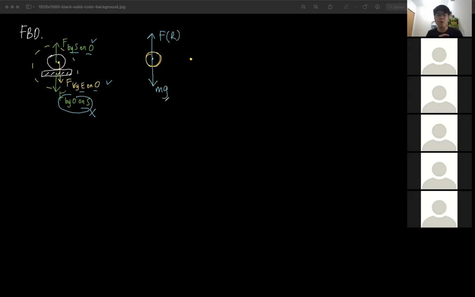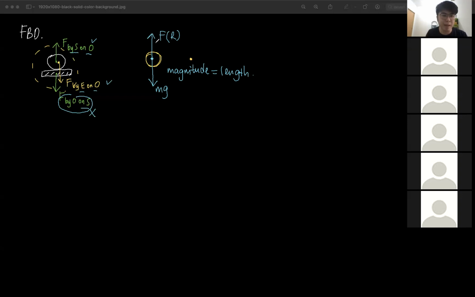Now, when you draw the free body diagram, a few things you need to be careful. The length of the force actually represents the magnitude. Magnitude equals the length. Okay, so if these two forces are equal, then they should have the same length.